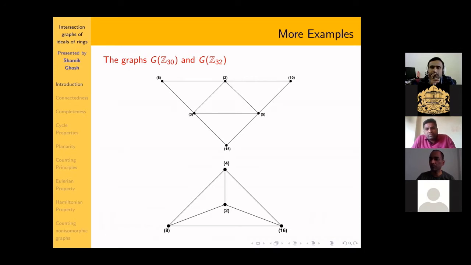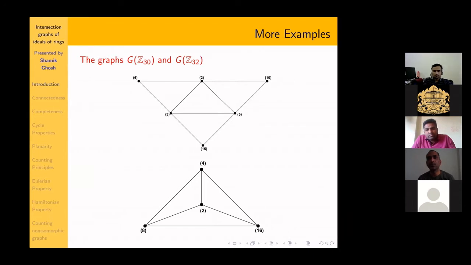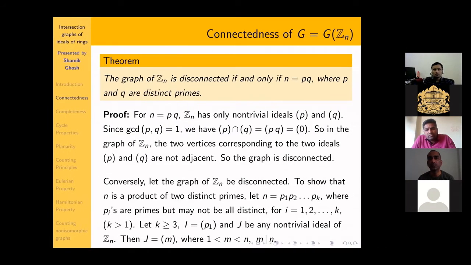Naturally, following Bosák and many others, whenever we construct a new graph class, we are very keen to know when they are connected. That is why we also studied the connectedness of the graphs of ideals of rings.